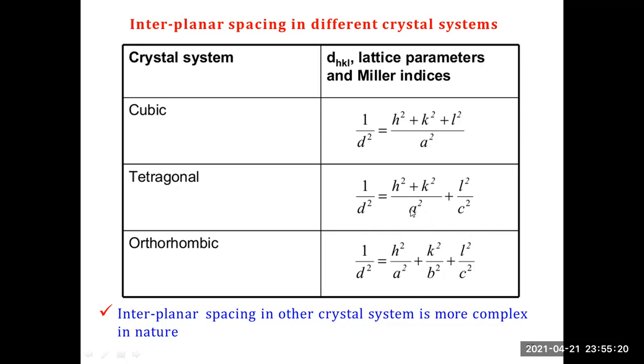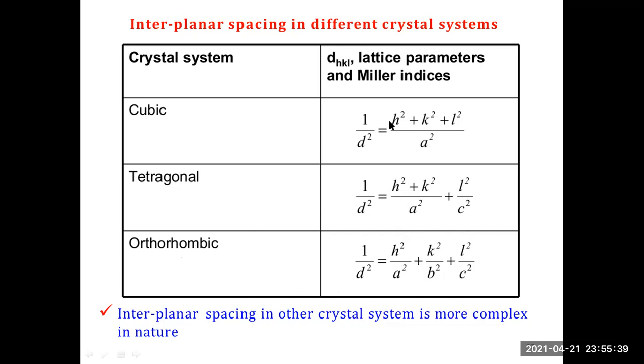Taking the LCM, 1 by d square is equal to h square plus k square by a square plus l square by c square. Here we are going in a reverse order because of its general consideration.